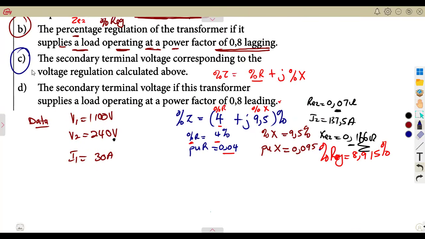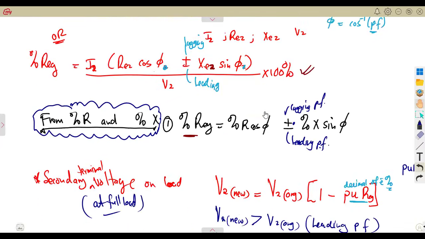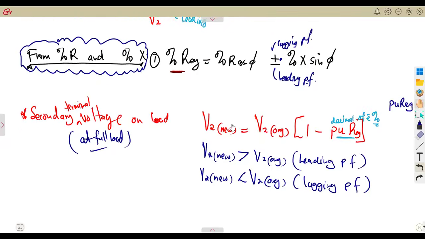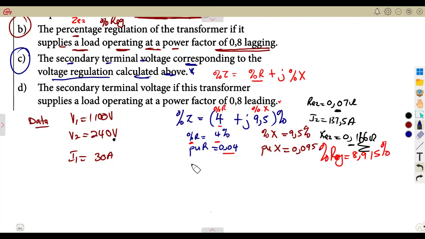They need you to calculate the secondary terminal voltage corresponding to the voltage regulation calculated above. That is our V2 new. Remember, I talked about this. After the regulation, they can have the condition where you need to calculate the new voltage according to the regulation that just occurred.